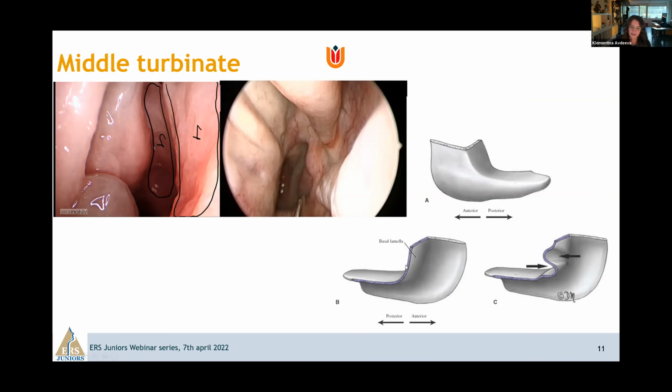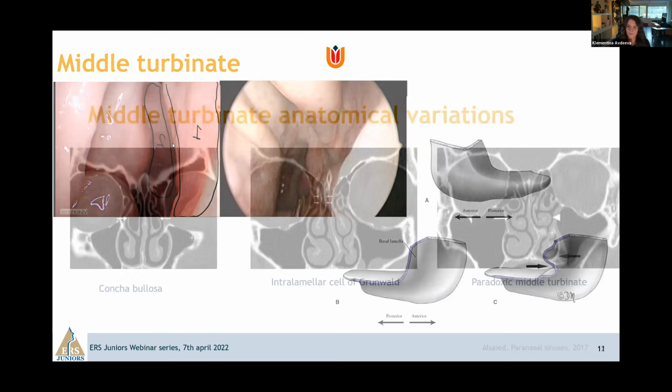And basal lamella is not necessarily a simple line, it can have quite a funny shape because of pneumatization of anterior and posterior ethmoid cells into the basal lamella. Basal lamella separates anterior ethmoid cells from posterior ethmoid cells, so if we go through this structure, through basal lamella, we will be in the posterior ethmoid area.